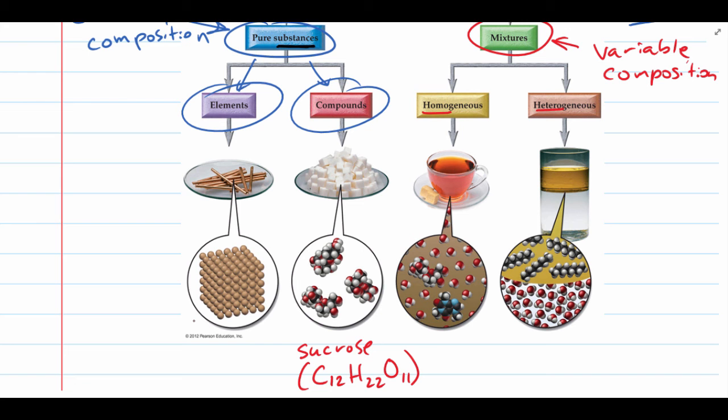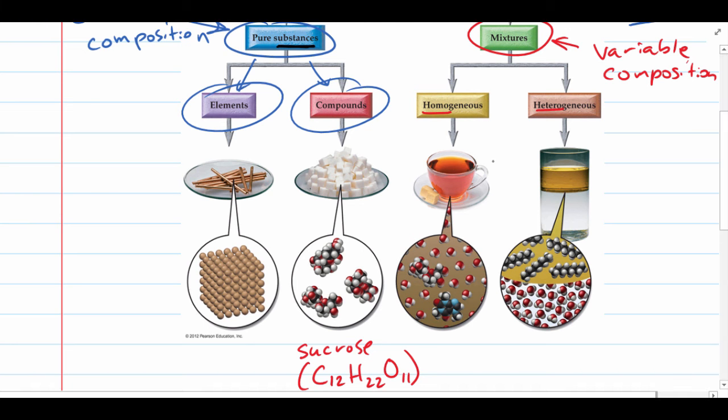We could make different types of sugar solutions simply by dissolving. We could put a pinch of sugar in a big container, or several spoonfuls of sugar in the same size container, and both would be examples of sugar solutions. That's why we say their composition is variable.